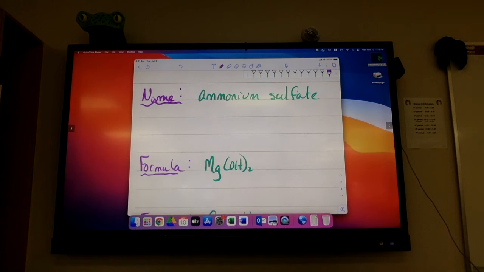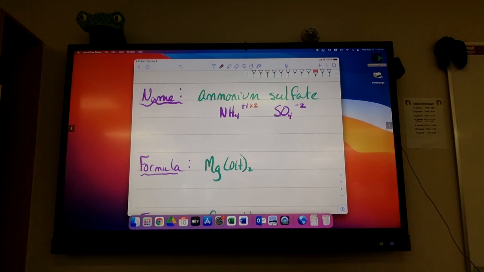Ammonium sulfate. NH4 with a +1 charge. Sulfate is SO4 with a -2 charge. Are you okay with both of those? All right, and so you know that means I need to double up my ammoniums.